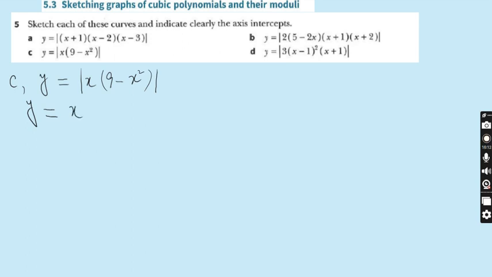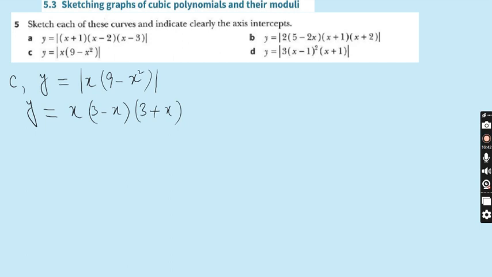y equals x, and this is 9 minus x square. So if we factorize verbally, 9 minus x square can be written as 3 square minus x square, and apply the a square minus b square result, which gives you a minus b into a plus b, that is 3 minus x and 3 plus x.